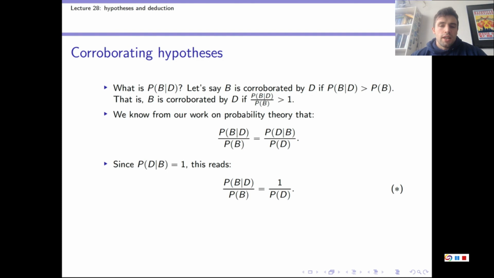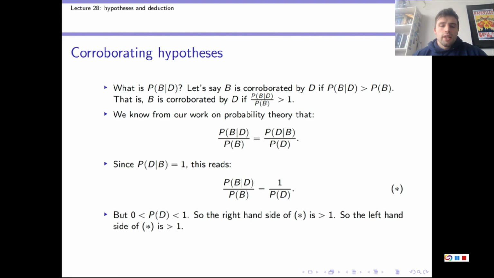So P of B given D over P of B equals 1 over P of D. And since we were assuming that we were uncertain to some degree about whether D would obtain or not, P of D is strictly less than 1 and it's strictly bigger than 0. So the right hand side is greater than 1, and so the left hand side, P of B given D over P of B, is also greater than 1. That is, the evidence D corroborates our hypothesis B.